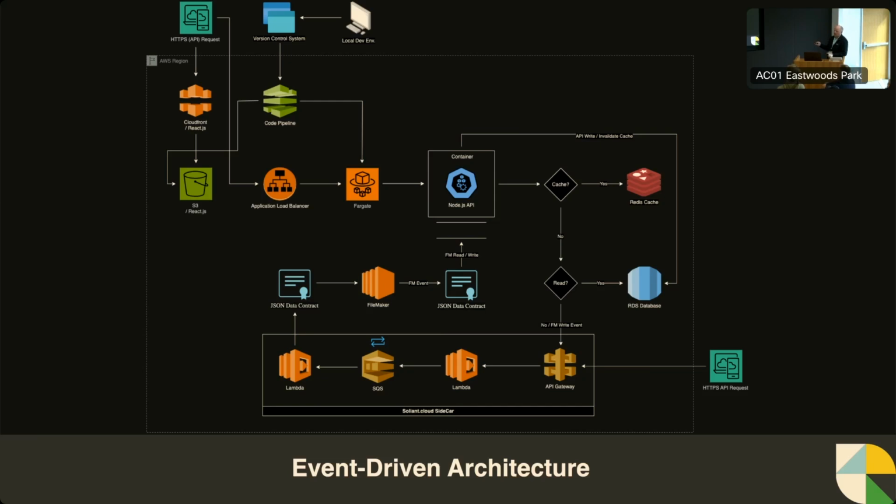I think I have a later data point on this, but I'm going to call it out now. One of the benefits of this architectural approach is that I'm no longer locked in to the normalization that is defined in my FileMaker solution. As a front-end developer, I'm going to structure my data differently than you're going to structure it in your FileMaker solution.